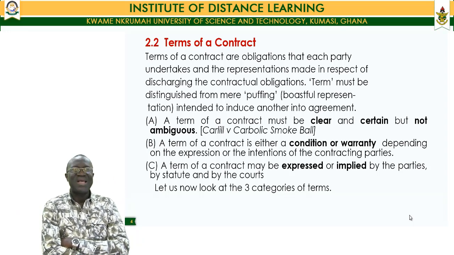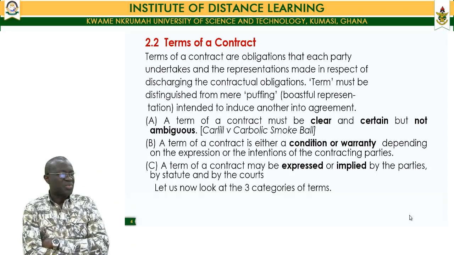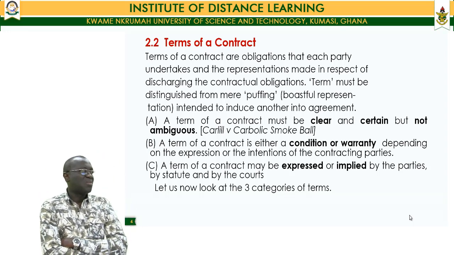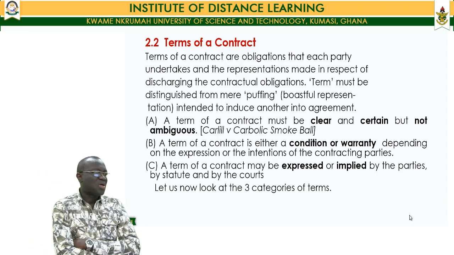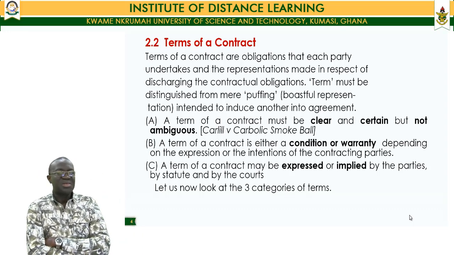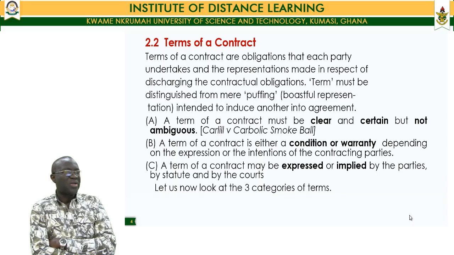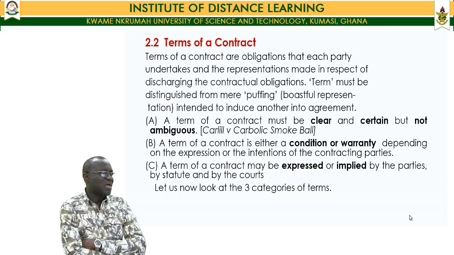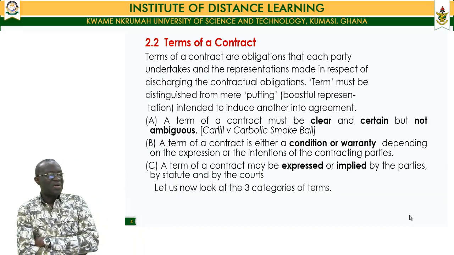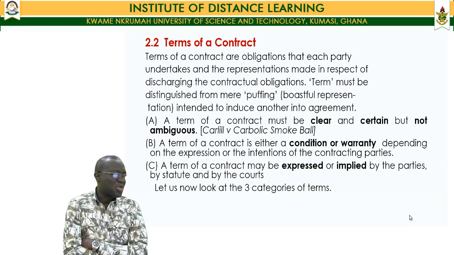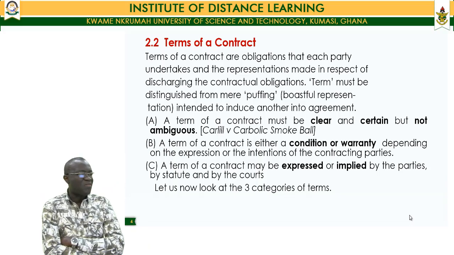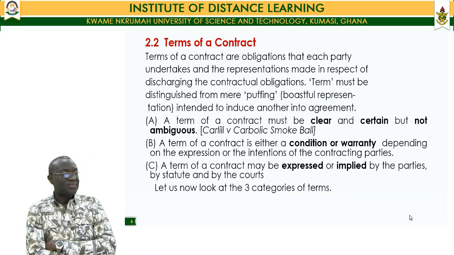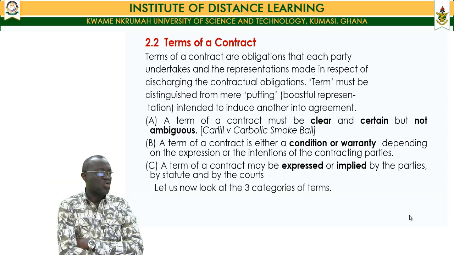So especially at the negotiation level, we make a lot of promises and representations, and not everything will be reduced into an agreement. Some remain just as puff, just to induce you into the contract. A term of a contract must be very clear and certain and not ambiguous.